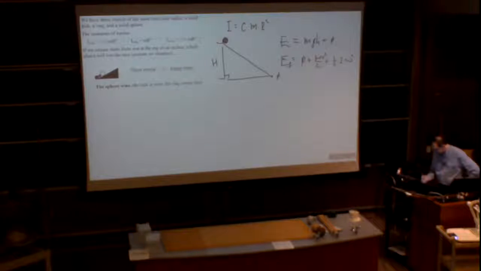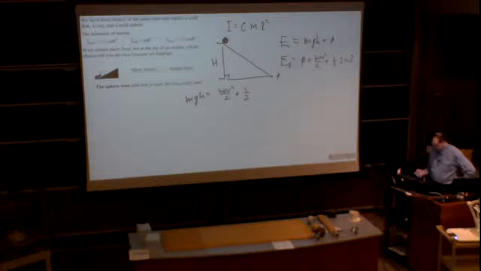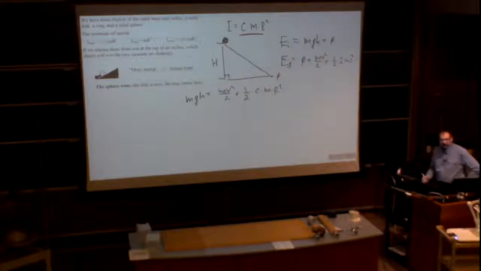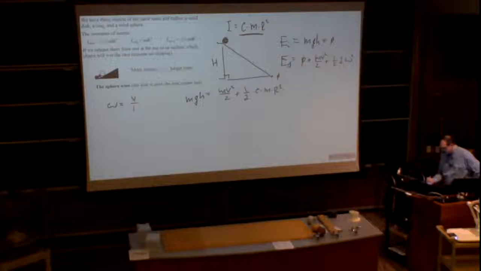And mgh should be equal to mv squared over 2 plus 1/2 times, well, now we can use this expression for rotational inertia: form factor times same mass times radius squared times, now we have to use the fact that it's rolling without slipping. So rotational motion and linear motion are coupled.